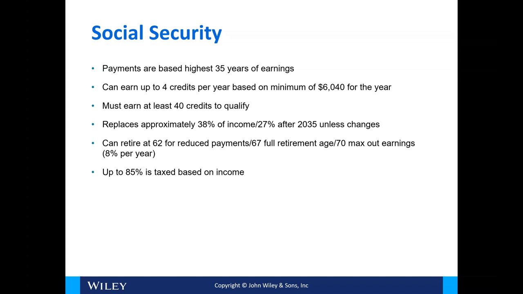If you wait till 67, obviously we didn't pay you anything from 62 to 67, so your monthly payment is going to be higher. Now, if you wait till 70, obviously, you haven't tapped into this amount, and then we're going to pay you the rest over time. You don't get any advantage of waiting after 70. So really, it comes down to, well, how long do you think you're going to live?